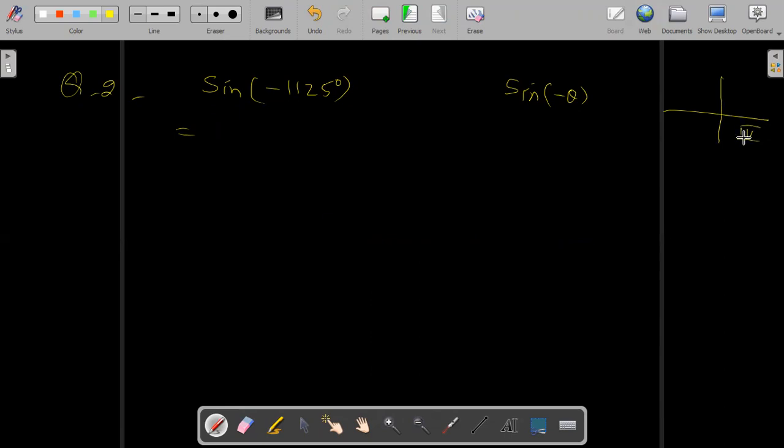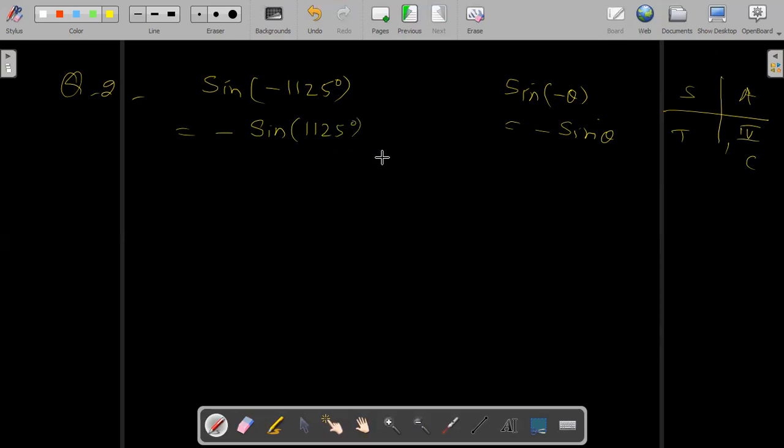Fourth quadrant. Here sine is negative, so sine of minus theta is minus sine theta. This minus will go out because of sine. So minus sine 1125 degree.